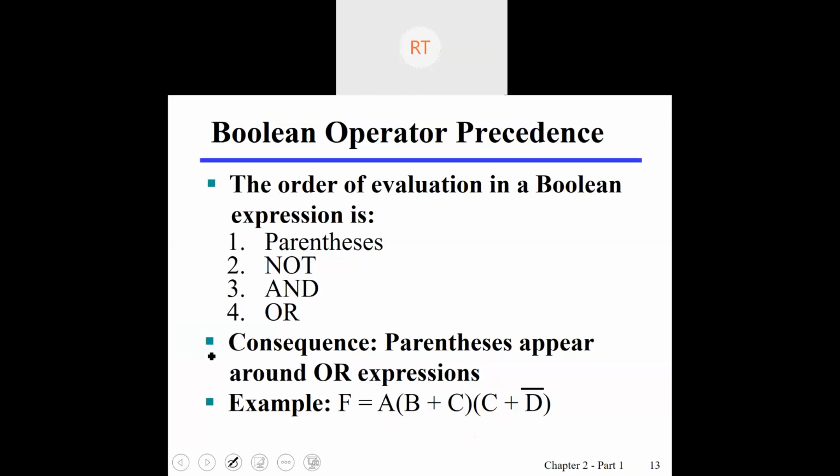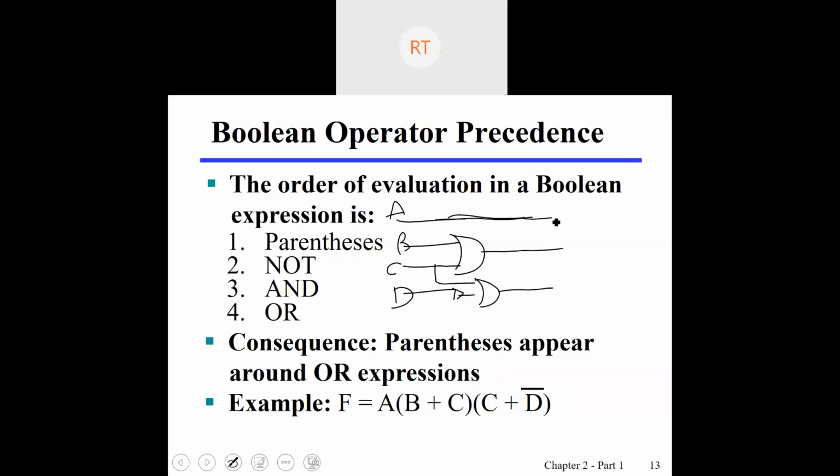You have an A, B, C, and a D, right? So here is your B and C. You OR them. And this is your C. And you need an OR gate with the D bar. And this is my A. Did you see it, guys?